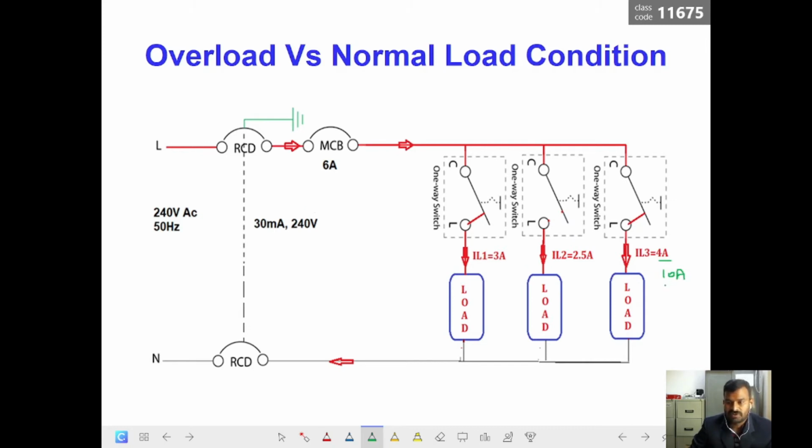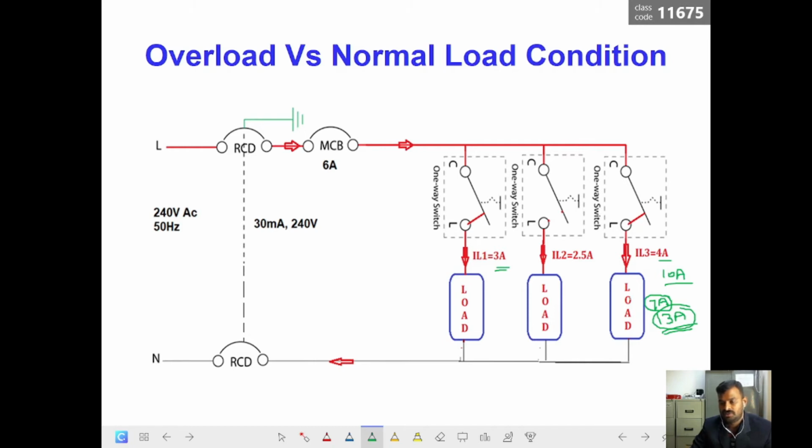So 10 amperes of current, and your first load is consuming 3 amperes, so the total current is 13 amperes. The first scenario we had only 7 amperes, and the second scenario we have 13 amperes of current. So here the MCB will trip slower for this 7 ampere compared to 13 ampere.